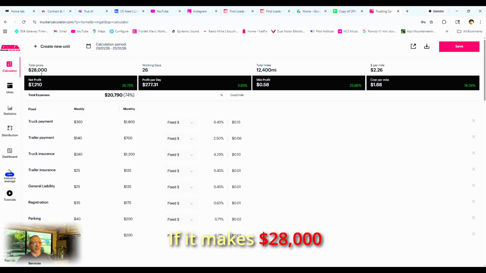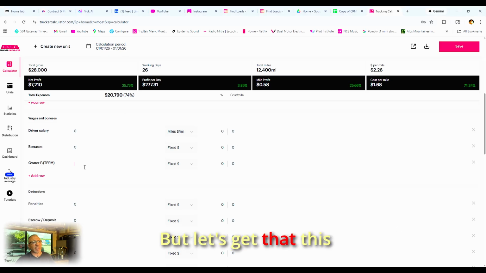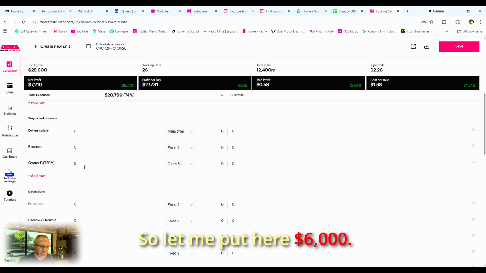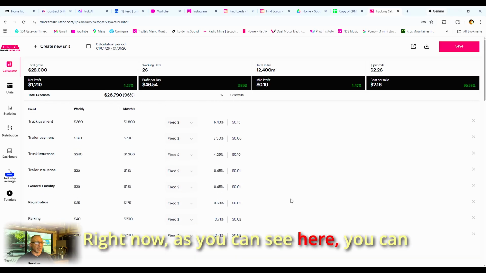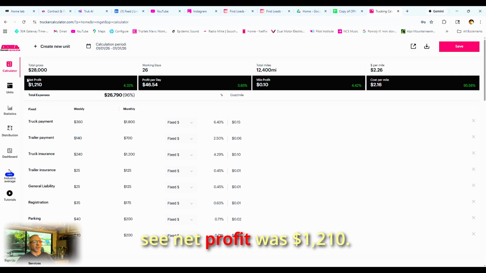If he makes 28,000 minus 20,790, it is equal to $7,210. But let's guess that this driver minimum needs to take home for home expenses 6,000. So let me put here 6,000 right now. As you can see here, net profit was $1,210. But what happened? Everything is included.